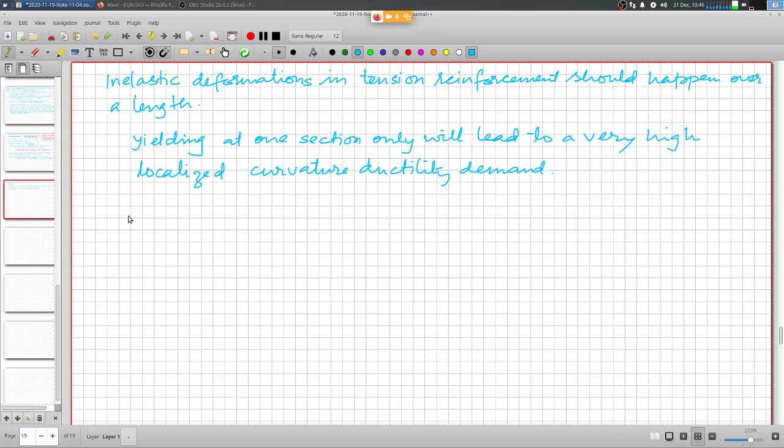So the cracks should be distributed over a length, and that is what the plastic hinge length should actually go up to, approximately 2 times the effective depth.